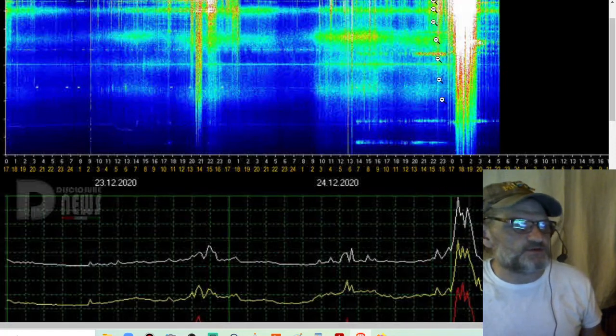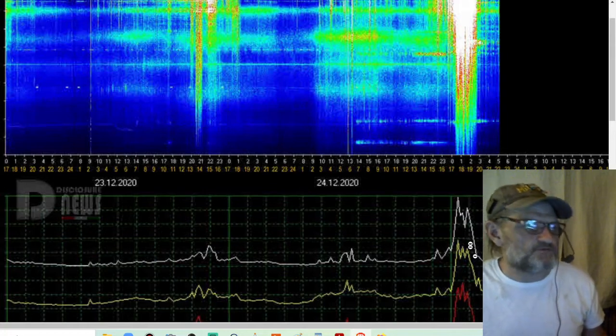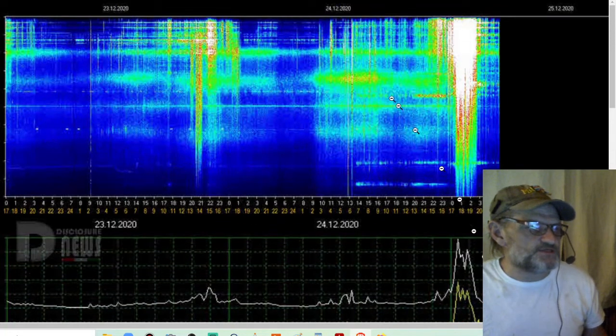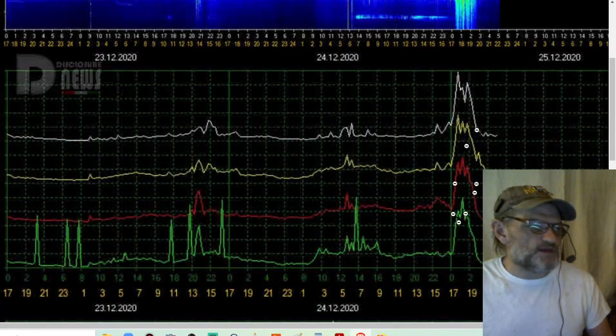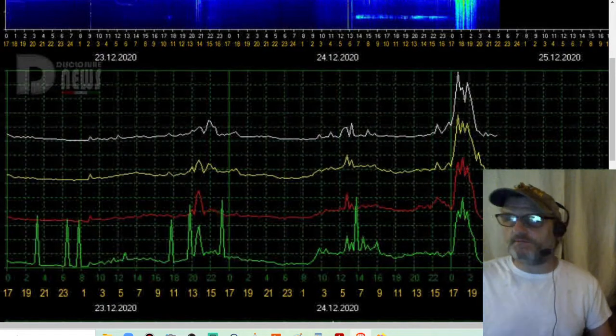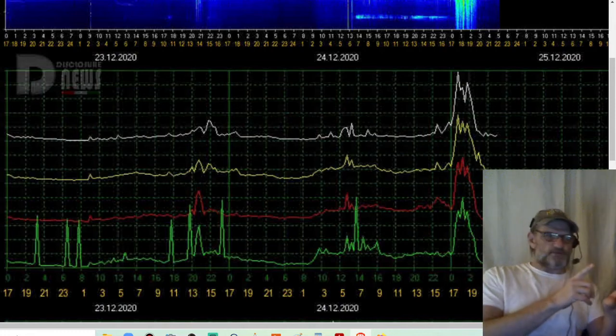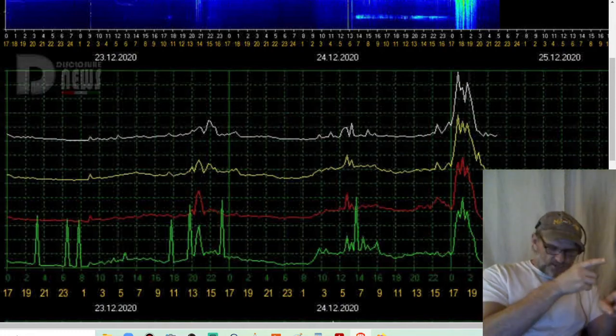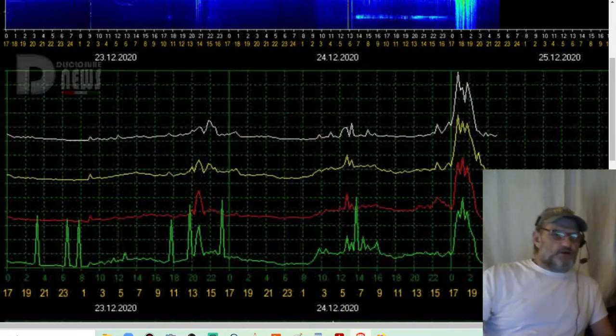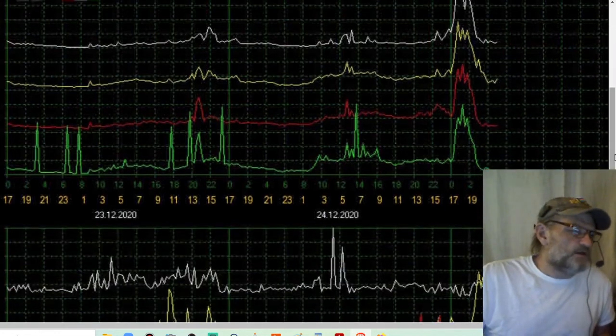Comes in quickly, then it peaks, goes back up, then it goes back down rather rapidly. So this spike here is an amplitude wave, which you're seeing right here. That's what I'm saying. They equalize each other out. The size and shape of the wave will appear on the Schumann spectrogram.